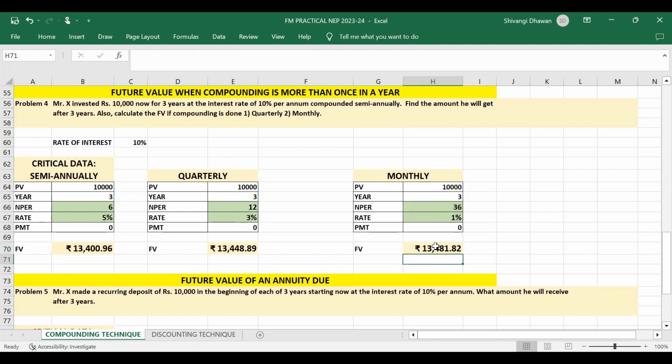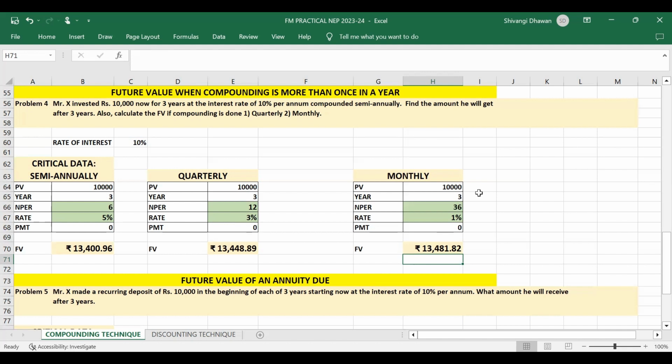When the compounding is semi-annual, our future value is 13,400 approximately. On a quarterly basis, it is 13,448, or you can say 449. And on a monthly basis, 13,482 rupees approximately is our answer.